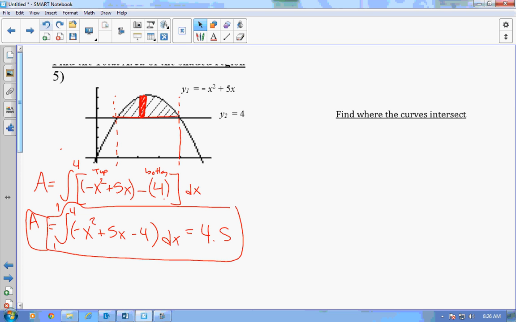Okay. Now, what if the graph had not been so clear as to where these intersect? How would you know where they intersect? How do you know when any two graphs intersect? Yeah, it's when they're equal, right?